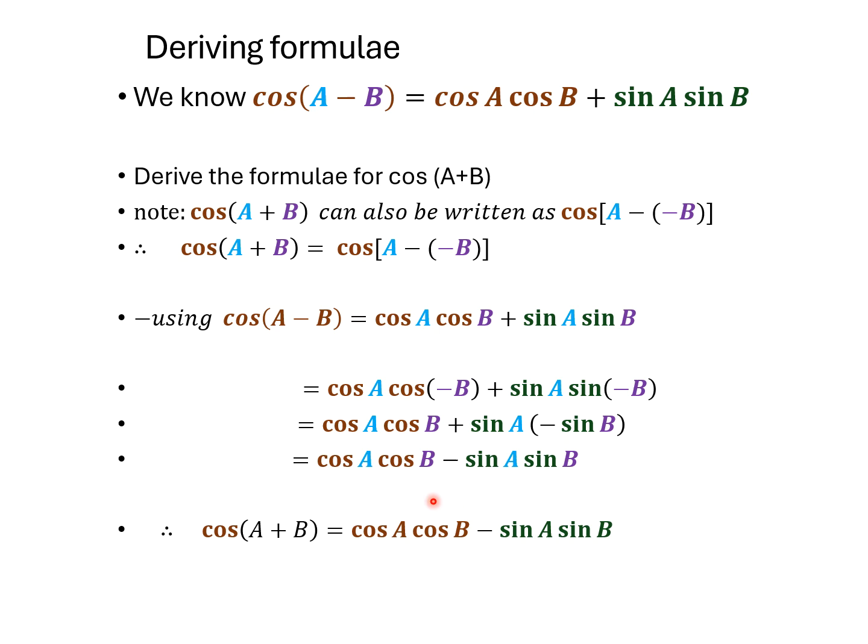So I have cos A times cos B minus sin A times sin B. So in short, cos(A plus B) equals cos A cos B minus sin A sin B. So with the cos compound angle, negative becomes positive, positive becomes negative, but it always stays cos cos, sin sin. So hope you follow and understand.